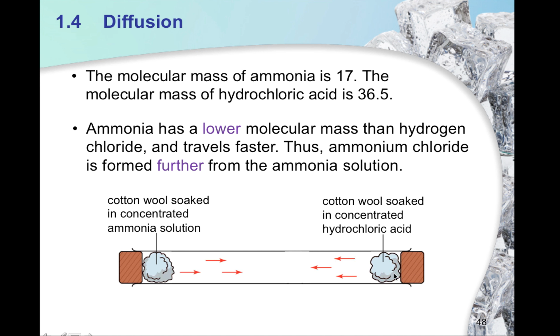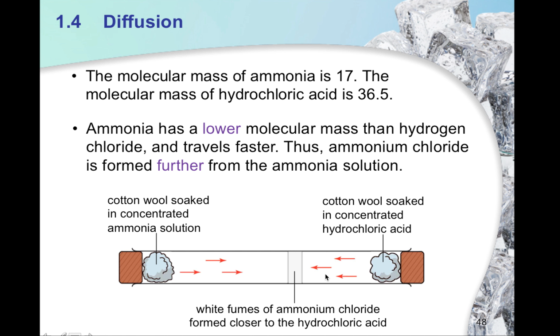If the theory holds, ammonia should travel faster than hydrochloric acid in this direction. So we expect ammonia to travel somewhere here a lot faster, while hydrochloric acid travels to the other end more slowly.